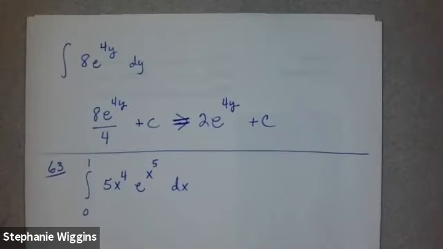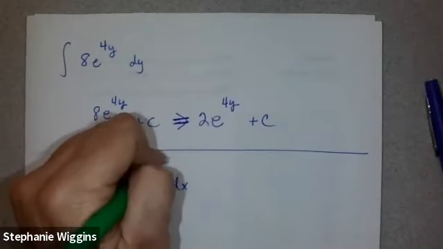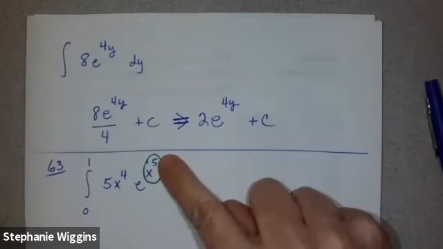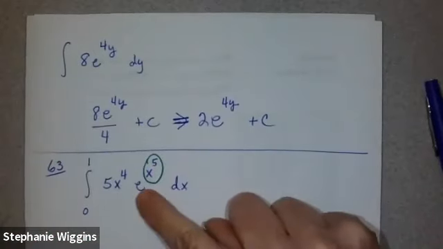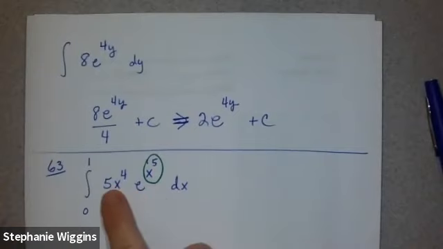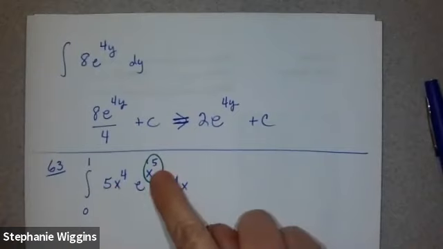So whenever you see the derivative multiplied by a function with the original function inside there, you know, oh, this is U substitution. You always set U equal to your inside function. See how x to the 5th is inside the e function? And this is on the outside multiplied. So this is your U.